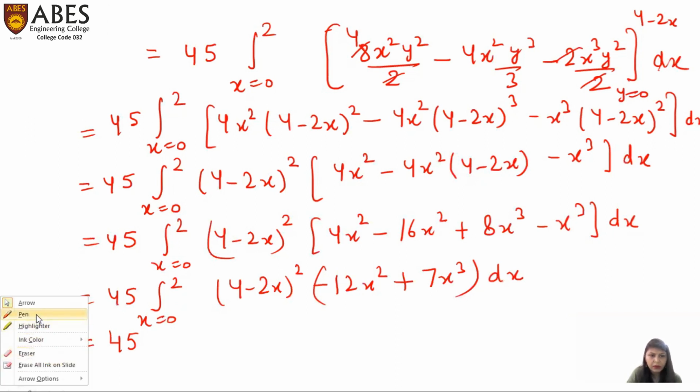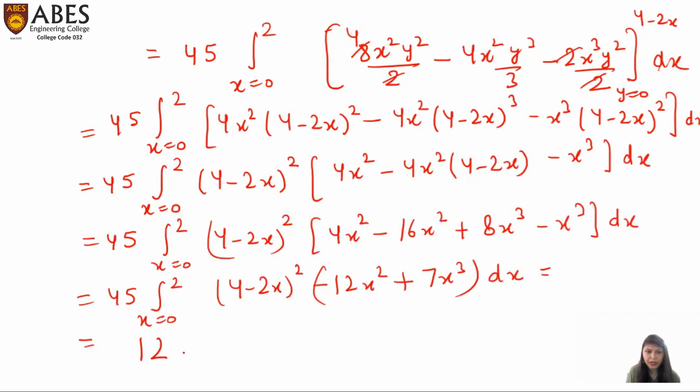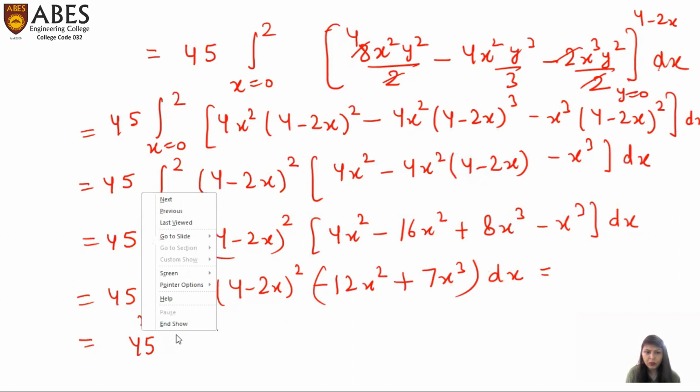I'm solving this part. So we will get the final answer when we solve this, 128. When we solve this with respect to x, 4 minus 2x whole square will be a minus b whole square.